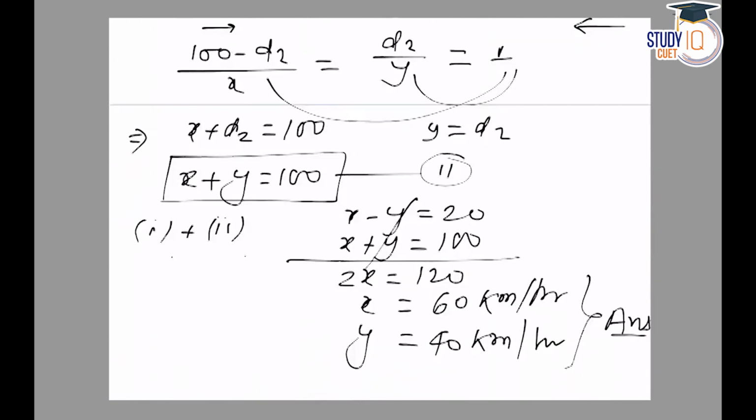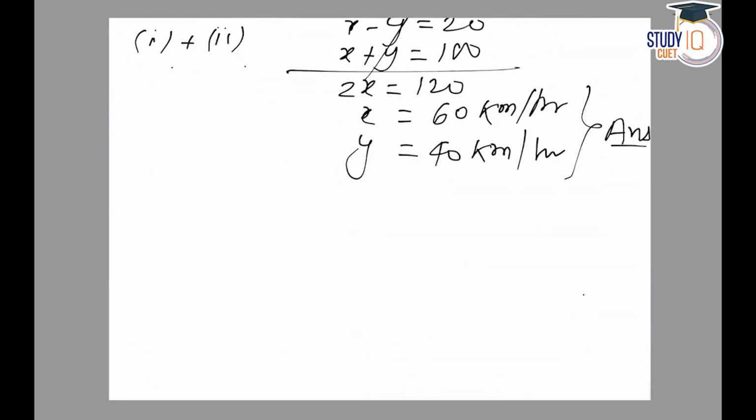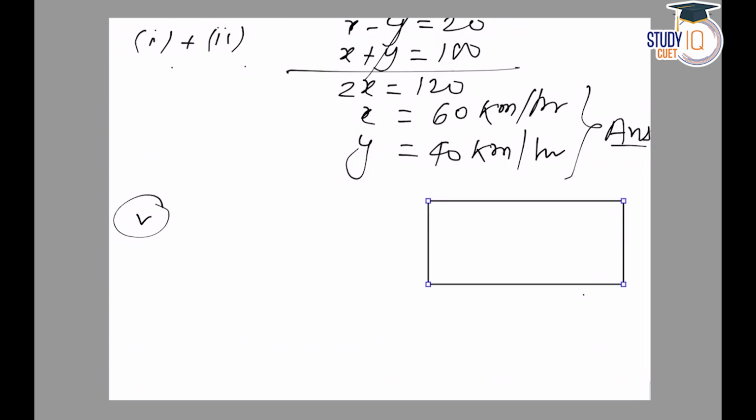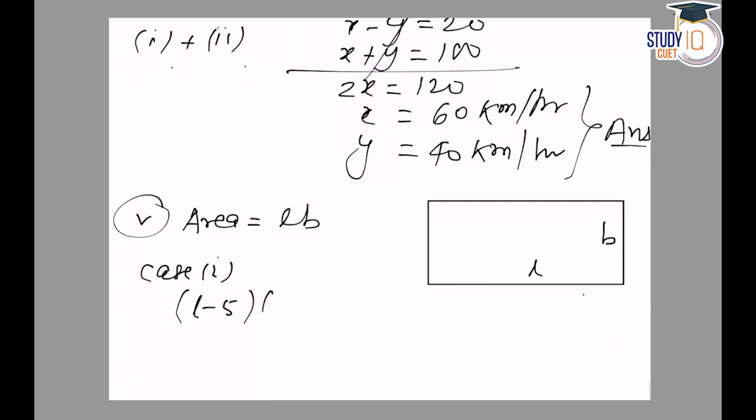So for the fifth part, let a rectangle have length L and breadth B. So the area of the rectangle will be L into B. So from case 1, if length is reduced by 5, that is L minus 5, and breadth is increased by 3, then the area will be reduced by 9 square units.